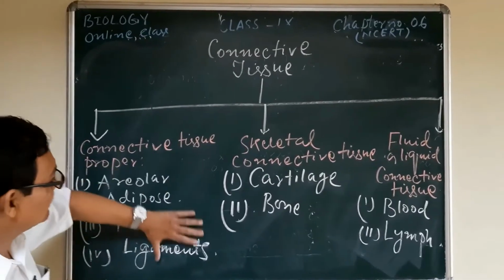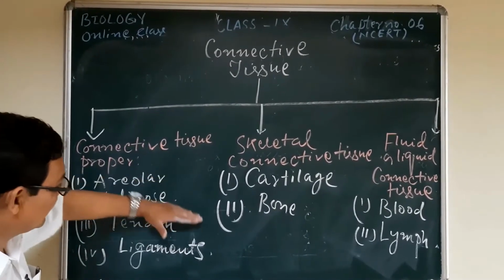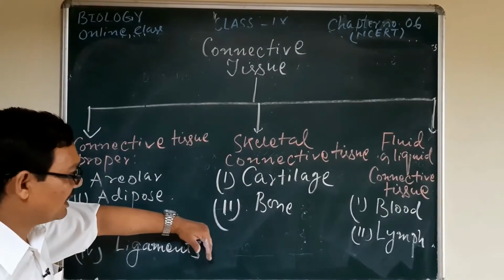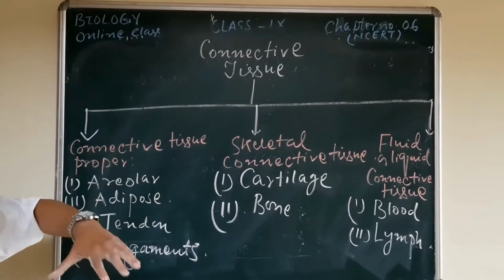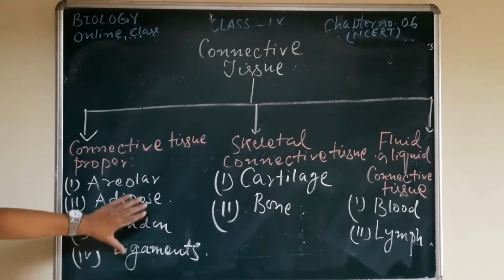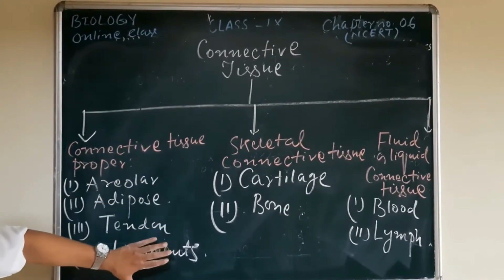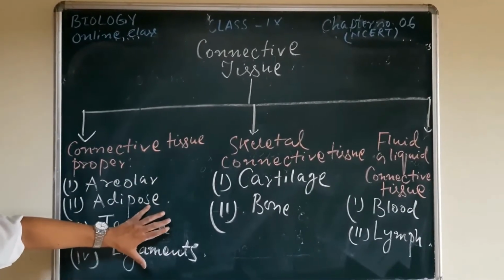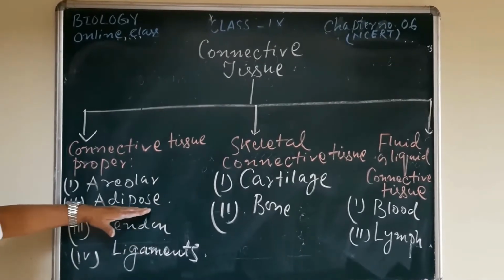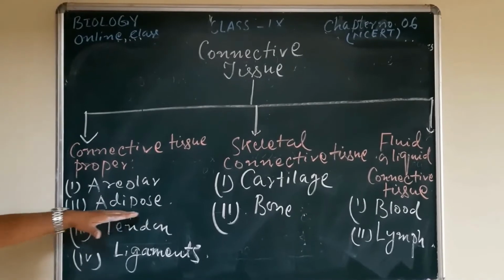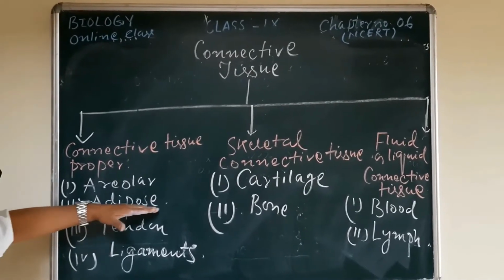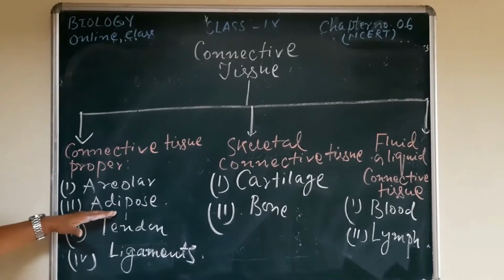So in this category we have seen the supporting tissues that will support, bind and pack the different organs and parts of the body, like areolar and adipose. It is the tissue which is present beneath the skin and stores the fat.